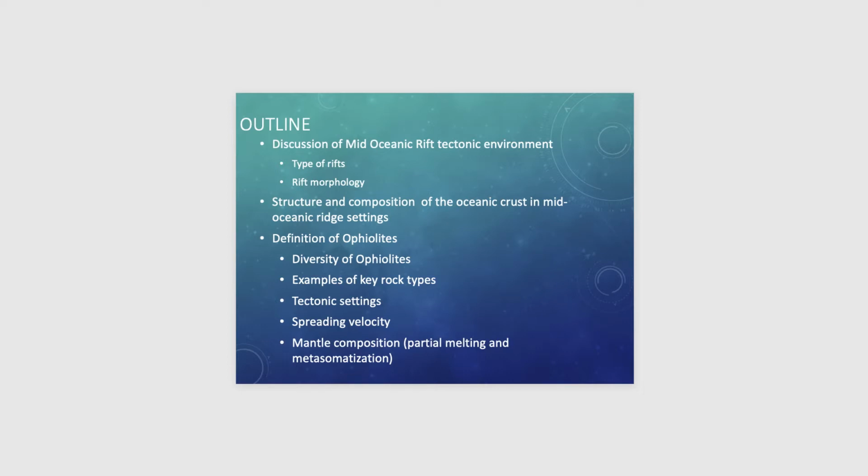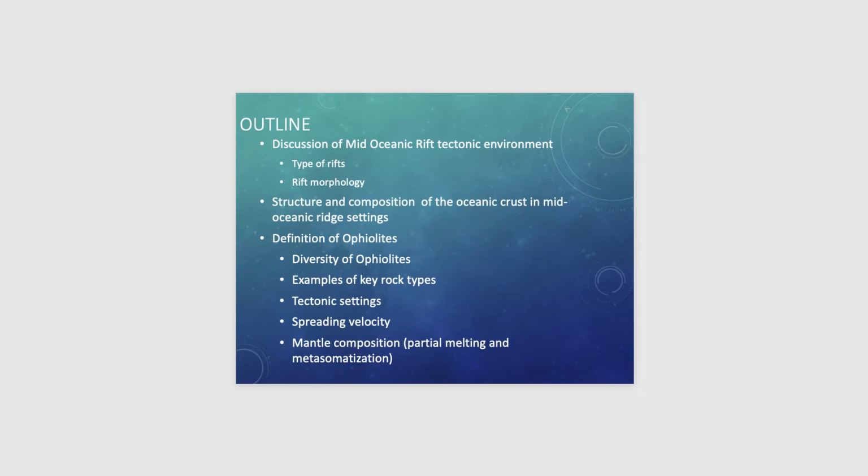Some other discussion will include aspects such as tectonic settings, again, the spreading velocity, which is different across different rift systems, and then some information on the mantle composition and partial melting and metasomatization.